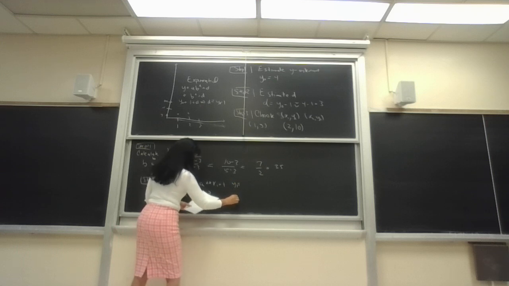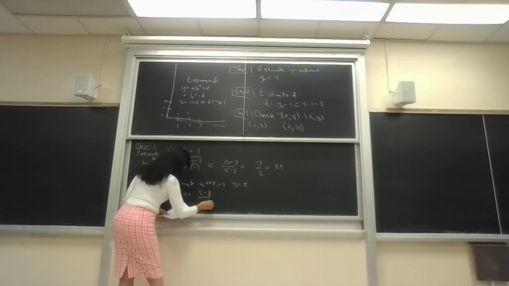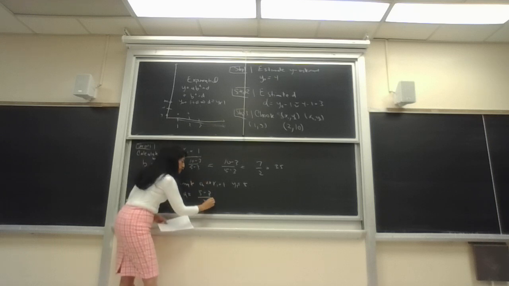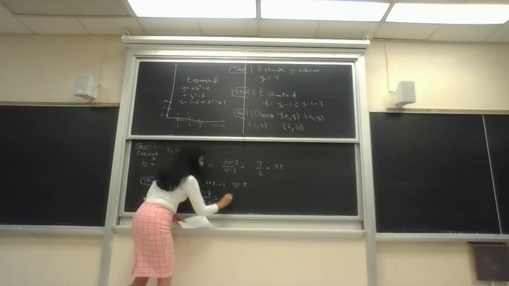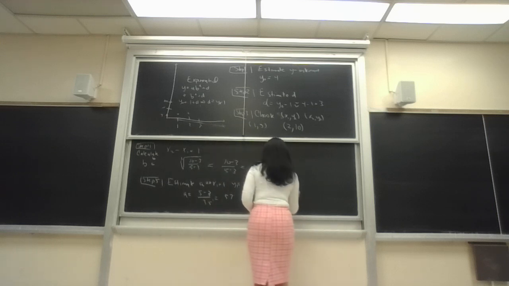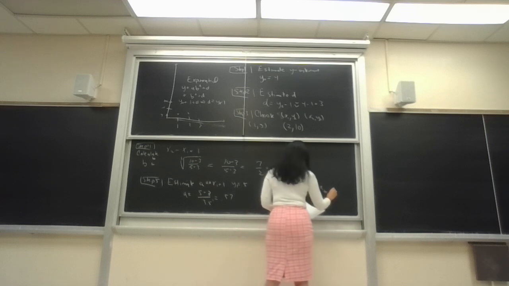Messy work. 3.5 to the 1 power, which turns out to be 0.57. So my final equation was y equals 0.57 times 3.5 to the x plus 3.